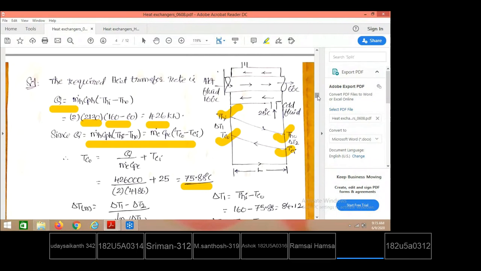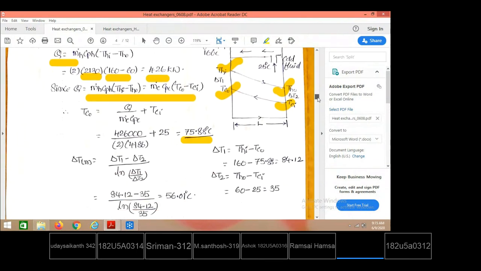When you know all the terminal temperatures, the LMTD method of heat exchanger analysis must be used. LMTD is the logarithmic mean temperature difference. How do you calculate that? Delta T1 is the temperature difference between hot and cold fluid at the inlet section, and delta T2 at the exit section of the heat exchanger. Delta T1 equals THI minus TC naught, which is 84.12.